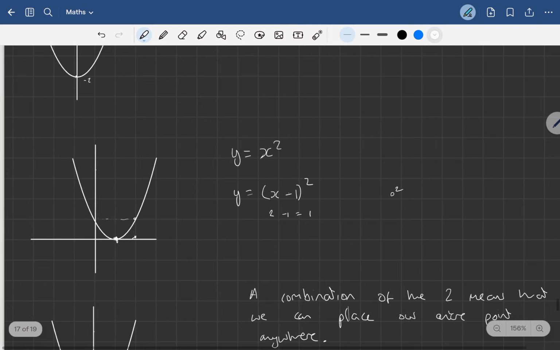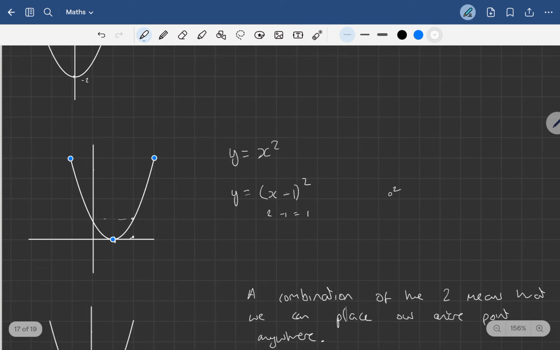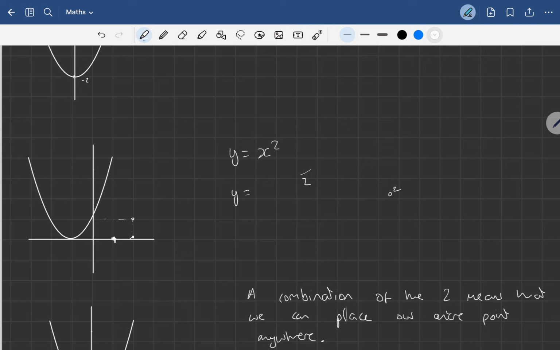What if instead of 1 block forward, it's 1 back? Okay? Then, since whatever we're doing to x is happening earlier, it would be x plus 1 squared. Because when x is at -1, -1 plus 1 is 0, we are doing what would normally happen to x when it's at 0.